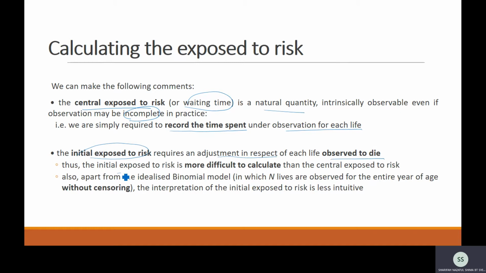It is more difficult to calculate compared to the central exposed to risk. Apart from the idealized binomial models, in which lives are observed for the entire year of age without censoring, the interpretation of the initial exposed to risk is less intuitive. What is censoring? Censoring means, for example, that a study is continued until a predetermined number of deaths has been observed.